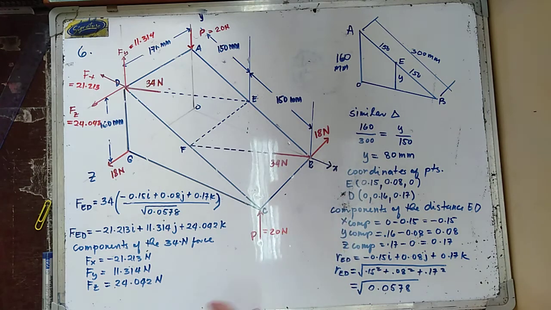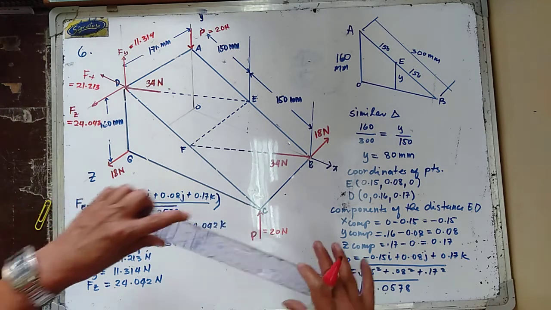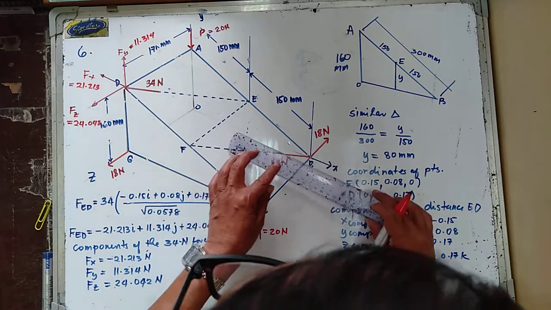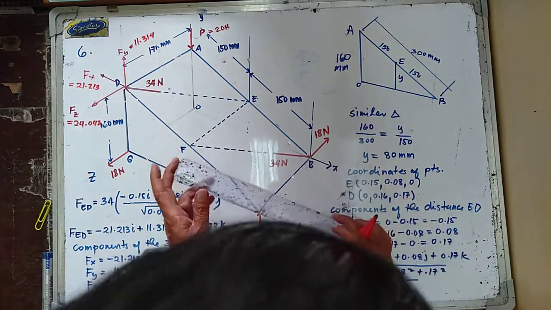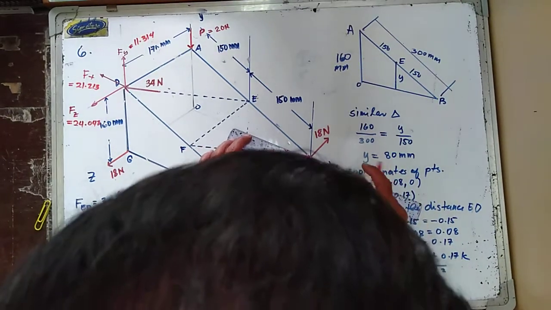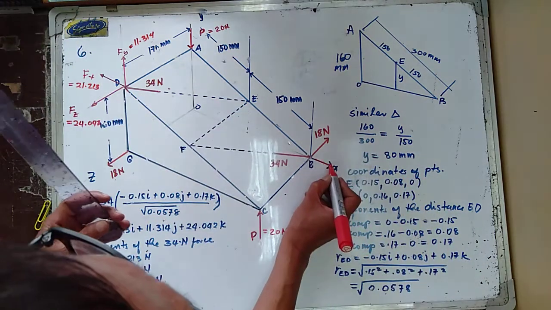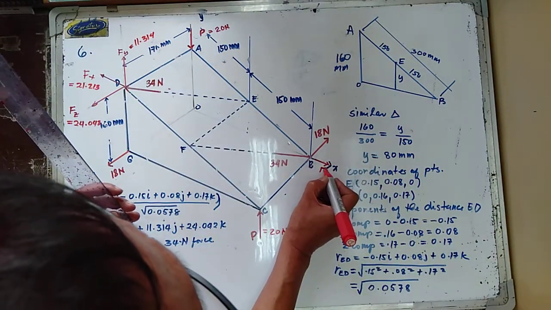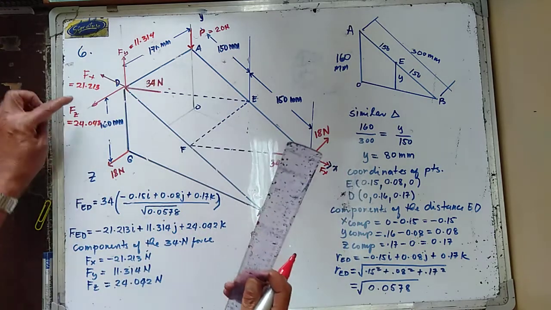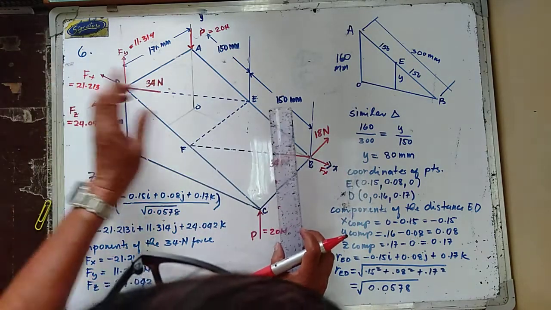Now, similarly, I am going to resolve the components of this 34 newtons in this direction at point B. So parallel to the x-axis at point B, this is your Fx, that is your Fx equal to 21.213.